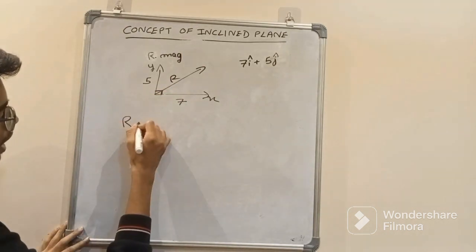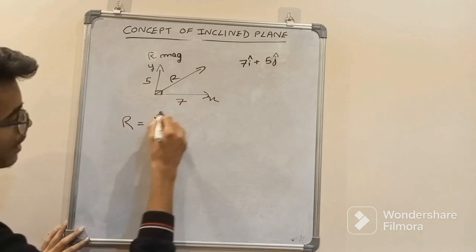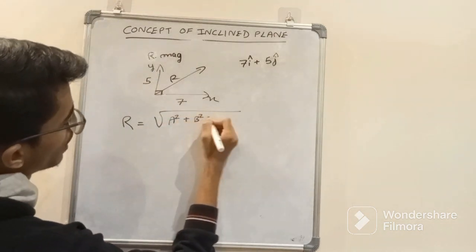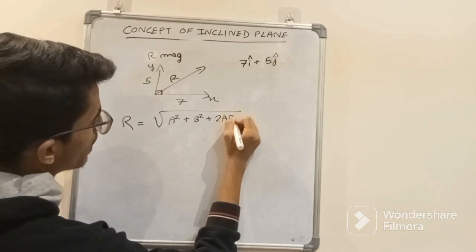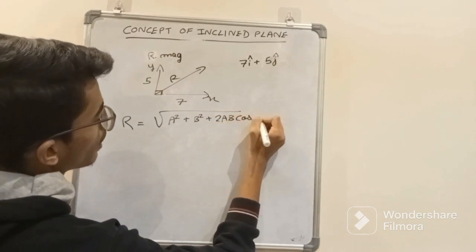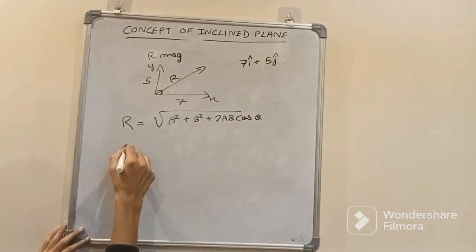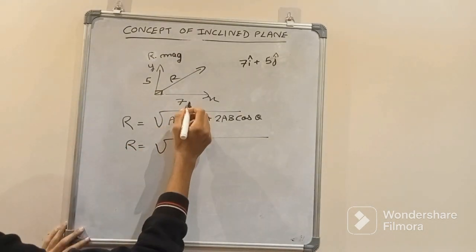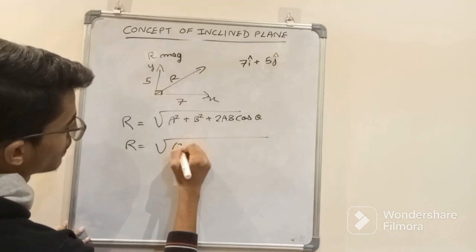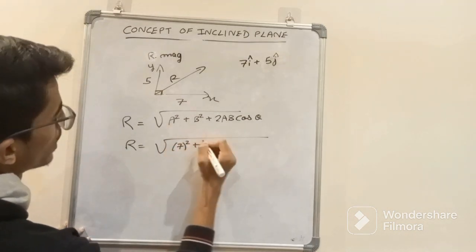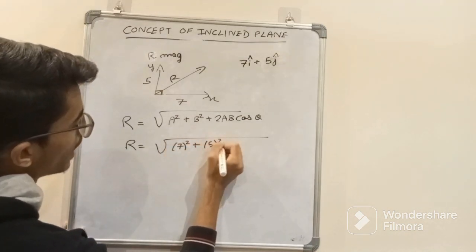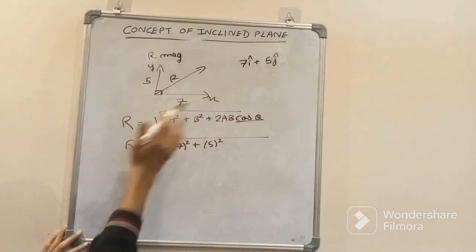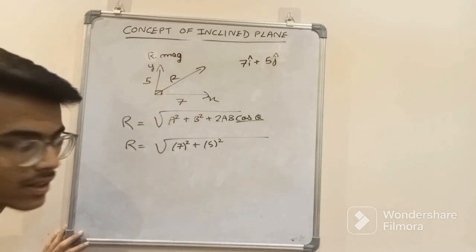So we know the formula, r is equal to under root a square plus b square plus 2ab cos theta. R is equal to under root of a square, that is, let's take 7 square plus b square, that is 5 square, and 2ab cos theta. This angle between the x-axis and y-axis is 90 degrees.